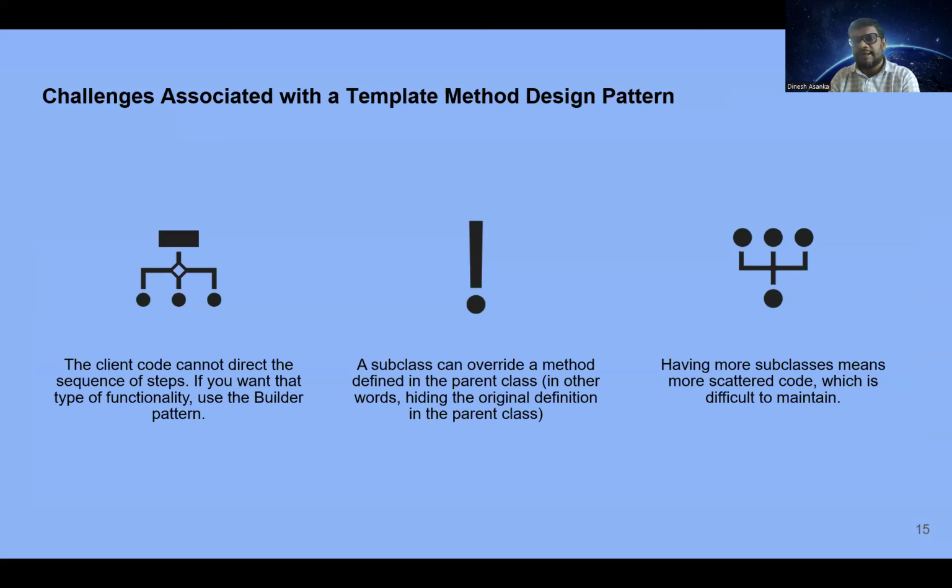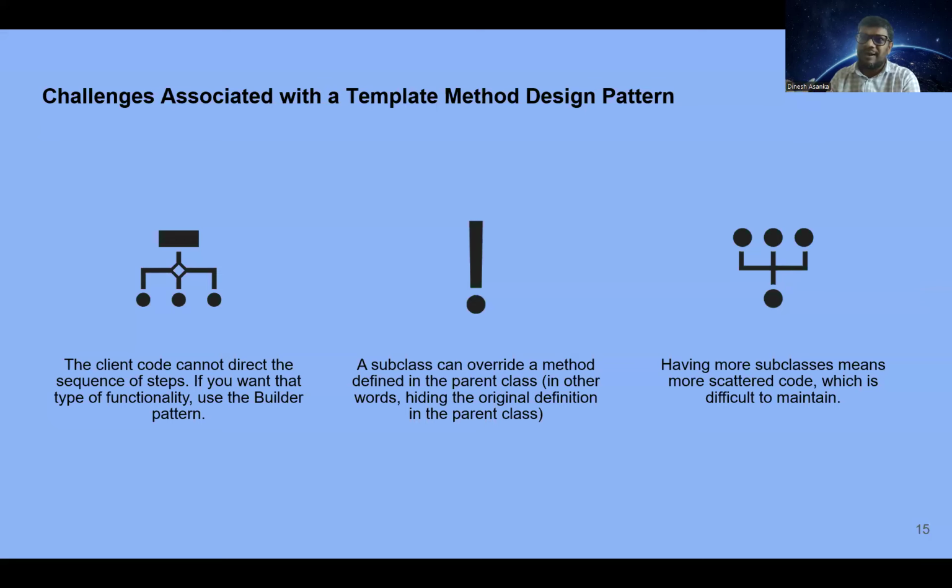As I am always saying, there are challenges. Now, what if you have a different sequence of steps for subclasses? You have to deal with the superclass sequences. A subclass can override methods defined in the parent class. Some methods can be overridden in the subclass.